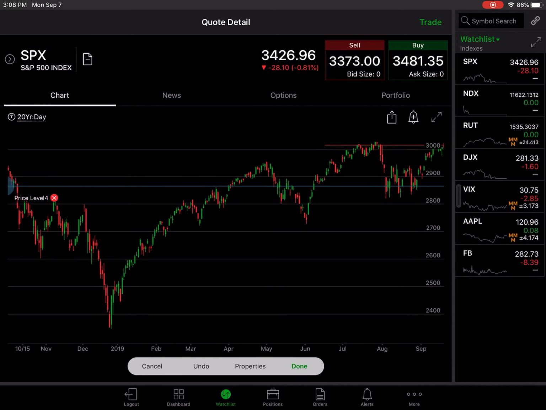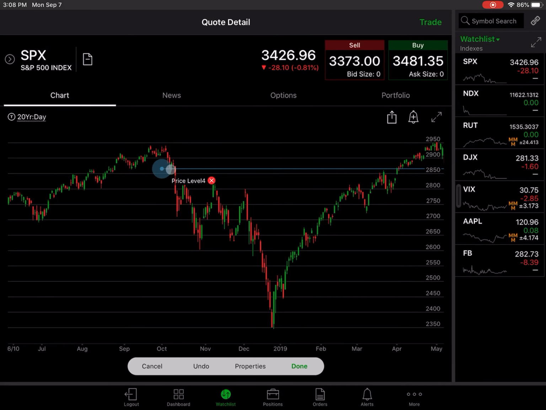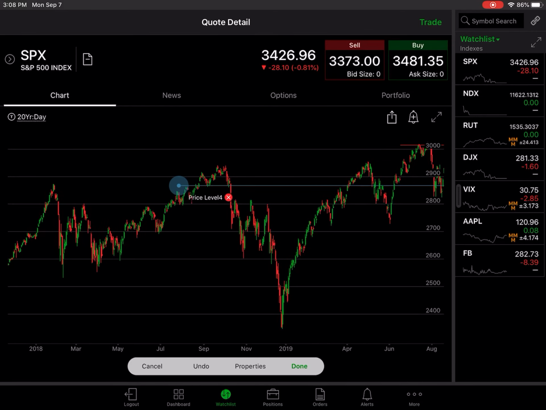If we zoom all the way back to here, you can see it came down, touched it, went up that day. You can actually draw this even farther back. So that's probably as far back as I'd want to go. That's back into 2018, but really, it looks like it goes all the way back to here. So we'll say done.